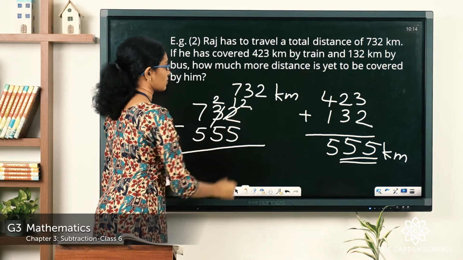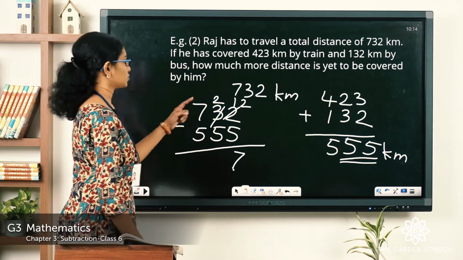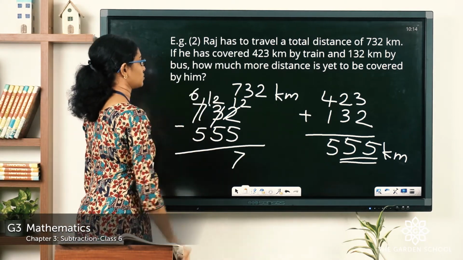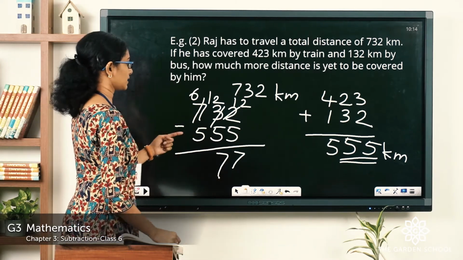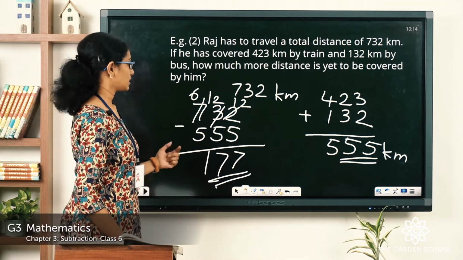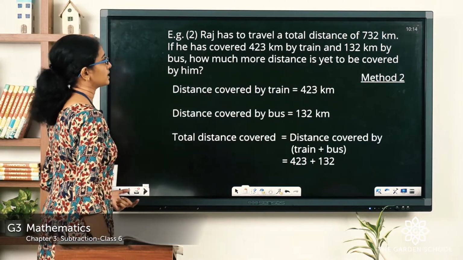So this becomes 12 ones. 12 minus 5, that is 7. 2 minus 5, again we borrow. So this one is 6, this is 12. So 12 minus 5, that is 7. 6 minus 5, it's 1. See, we got the same answer. It's 177 kilometers.